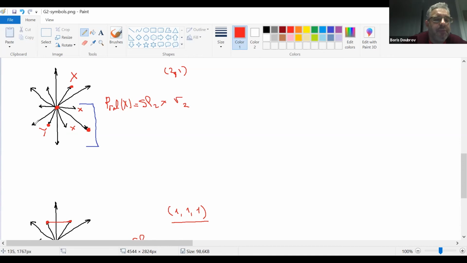And also, we do not want this one because it's also in the image of X, because it moves this other root. All others, on the other hand, will not lie in the image of X, and they will give me exactly what we need.